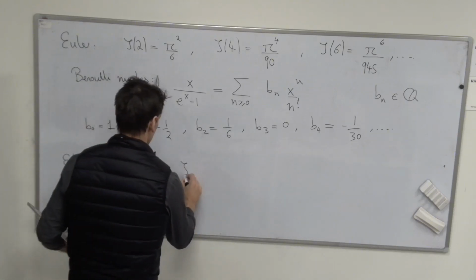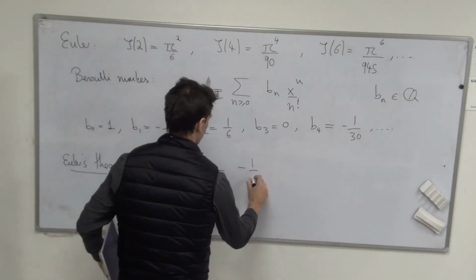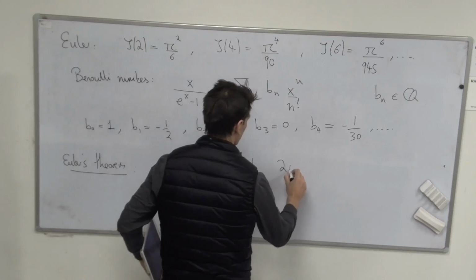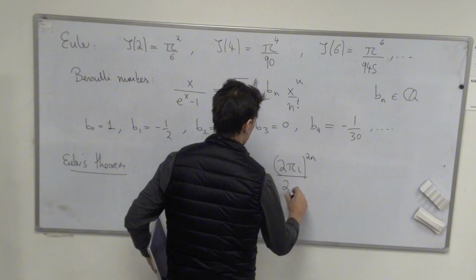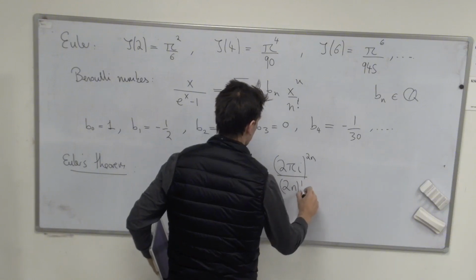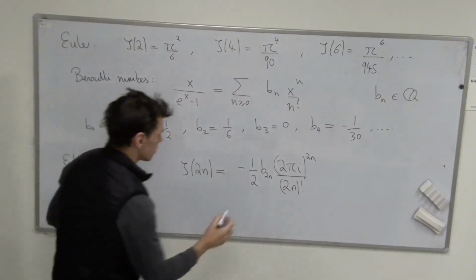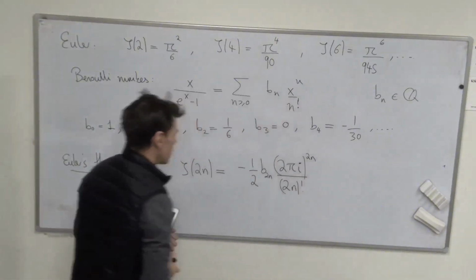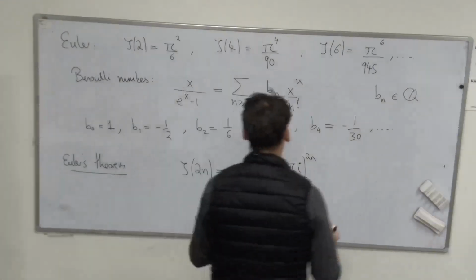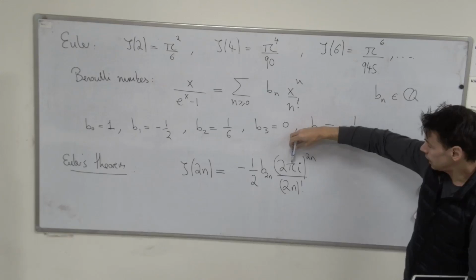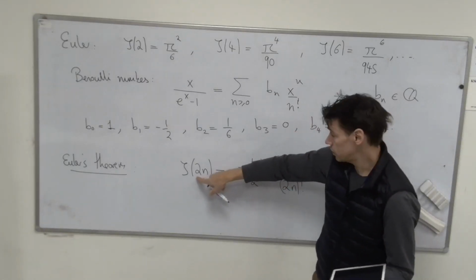And so Euler's theorem is that zeta of 2n equals minus 1/2 times (2 pi i) to the 2n over 2n factorial times B2n. Normally this formula is written a bit differently, but it's going to be pi to some even power, which is the same index here, which is what we call the weight.